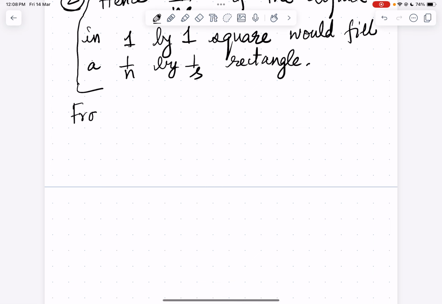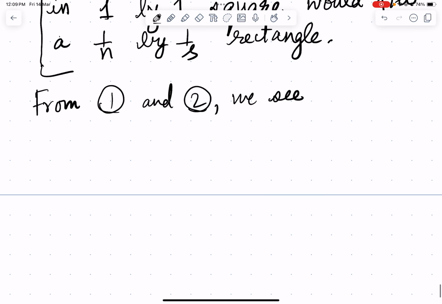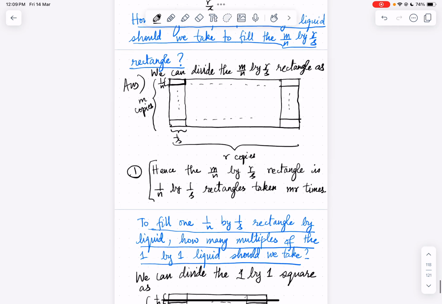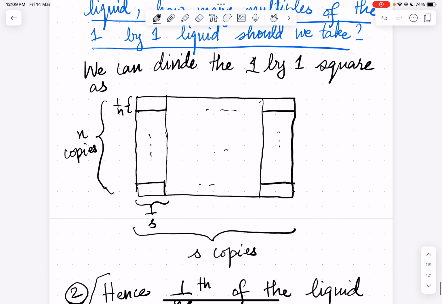From 1 and 2, we see mr times 1 by ns of the liquid. So the full rectangle is mr copies of the 1 by n by 1 by s rectangle.